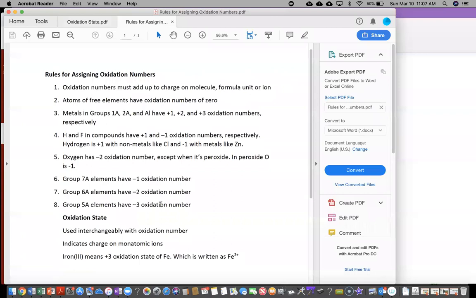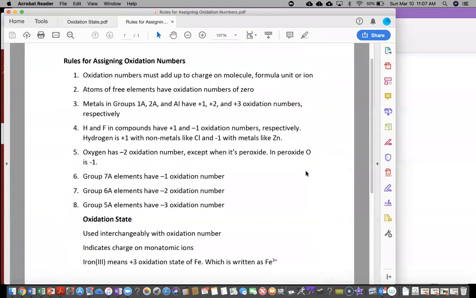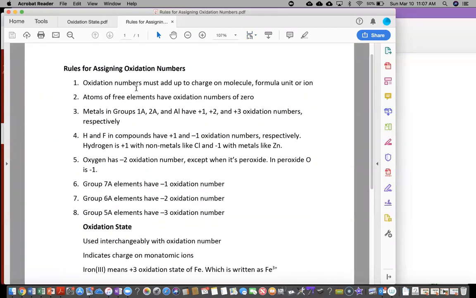So these are the rules that I gave you guys. You see in this rule, first of all, it says that the oxidation numbers should add up to the total. Second rule says that free elements have oxidation number of 0. Then the third rule talks about group 1, group 2, and aluminum. They have +1, +2, +3.